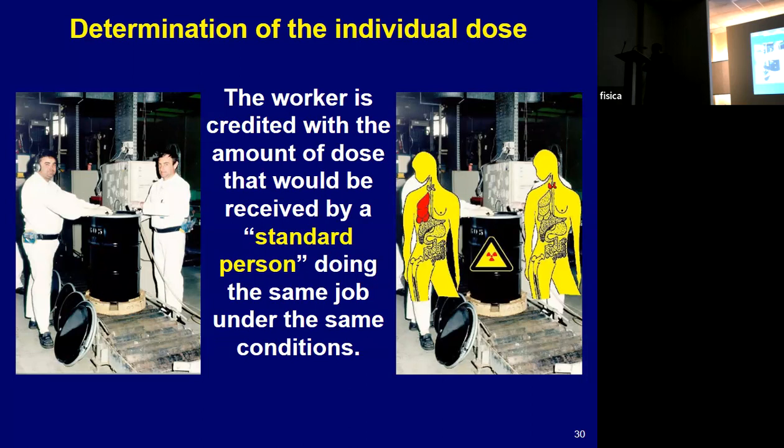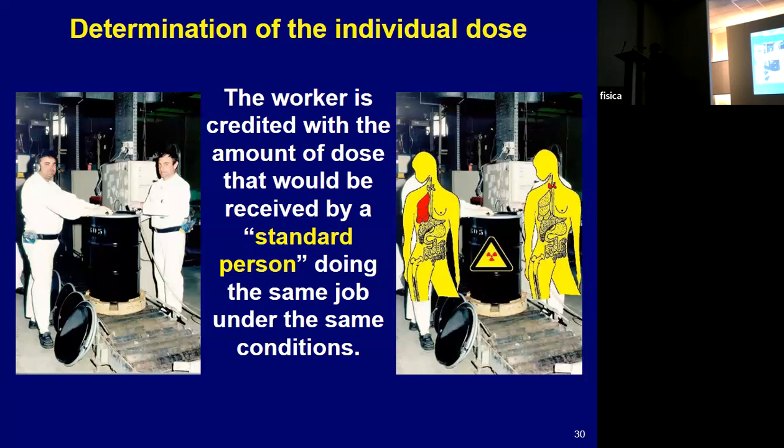In the case of occupational exposure, the individual exposure dose of a worker is assumed to be equal to the exposure dose of a standard person who would be in the same production conditions and perform the same work with the source, as this individual.